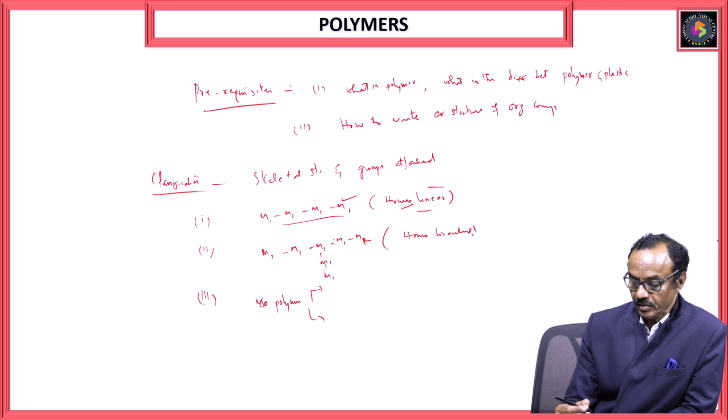Next, the polymer made of different monomers is known as copolymer. Copolymer is further divided like homopolymer into two types: colinear polymer and co-branched.